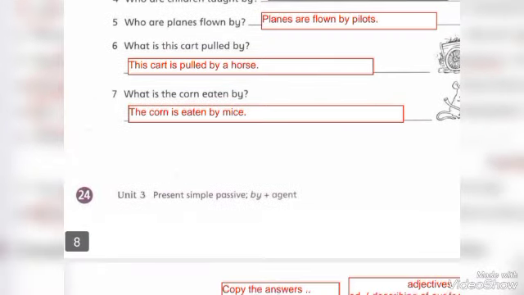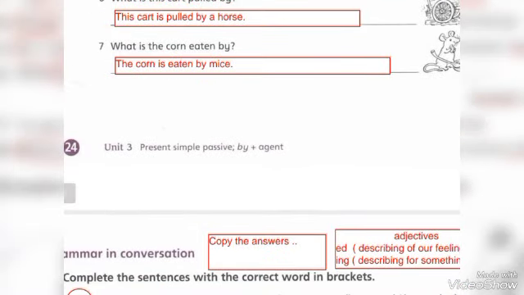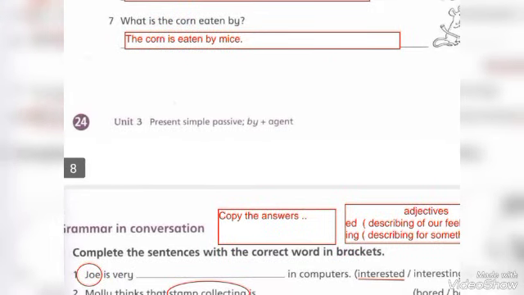Okay, now describing people by adding ed, as Joe is very interested. Stamp collection is boring. Here I am talking about stamp collection. But my first trip is exciting. I describe the first trip.